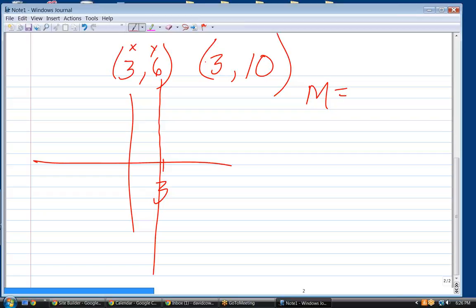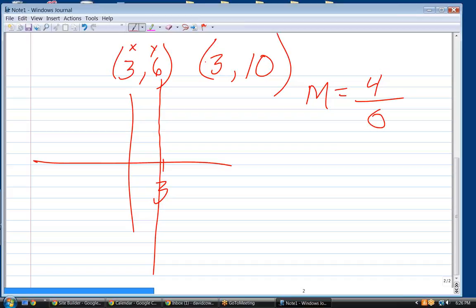What's the rise? It's 4 over 0. How do you get 4? 10 minus 6? Oh, okay. But it doesn't matter because you can't divide by 0. It's the golden rule of mathematics. Thou shalt not divide by 0 ever. It's actually equal to infinity.